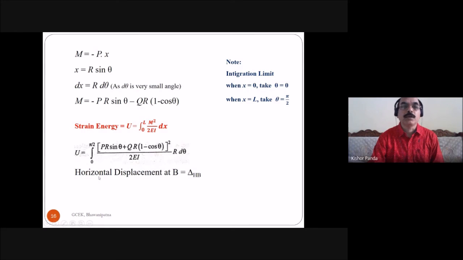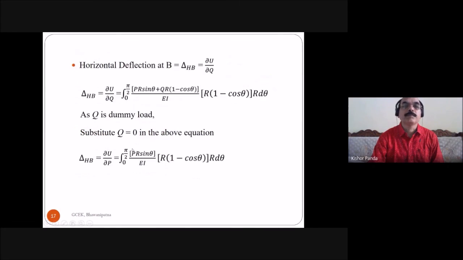Then to find the horizontal displacement at B, delta HP, you have to take the partial derivative of the strain energy with respect to Q, from 0 to pi by 2.